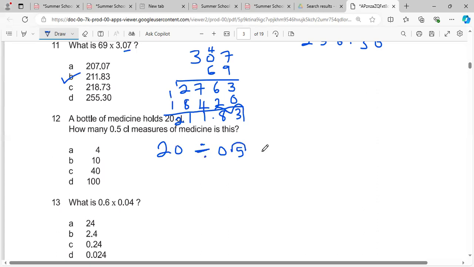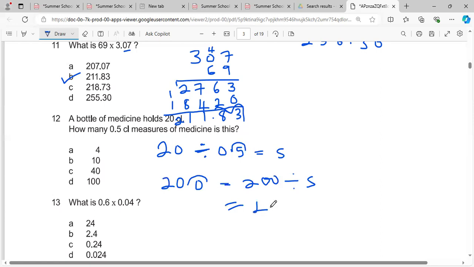So this becomes 5. However, we have to do the same to the dividend. Whatever we do to the divisor, we have to do to the dividend. Now the decimal point is right here, so we have to move it one time. So this now becomes 200. So it's 200 divided by 5, which is 40.